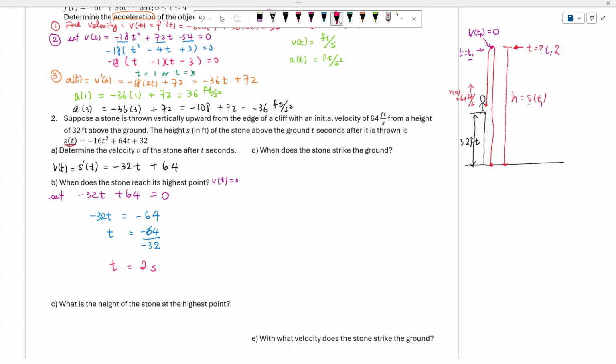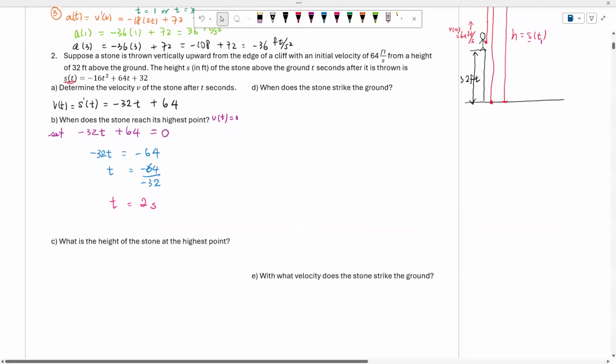Now, if the problem asks what the height is, then of course I would write down s of 2 is equal to negative 16 times 2 squared plus 64 times 2 plus 32.